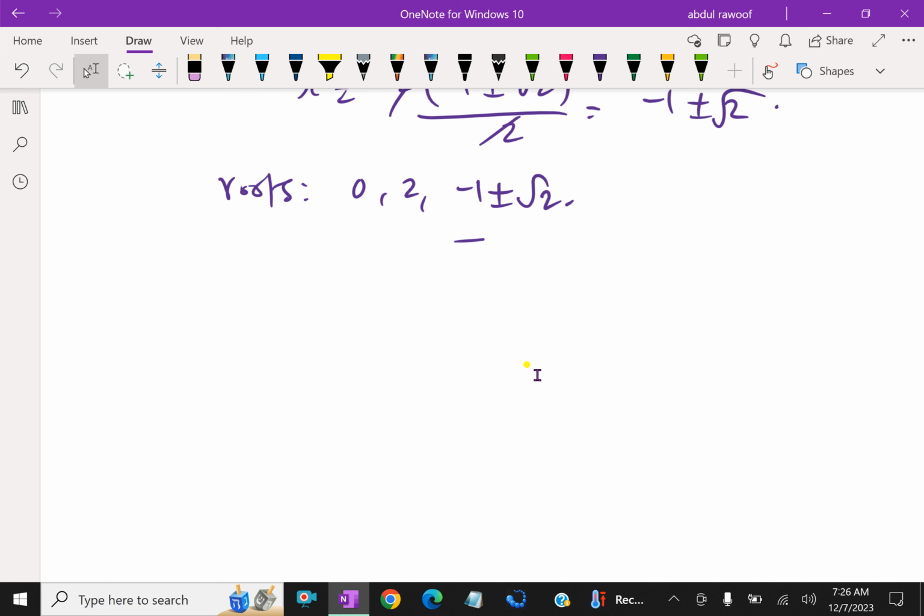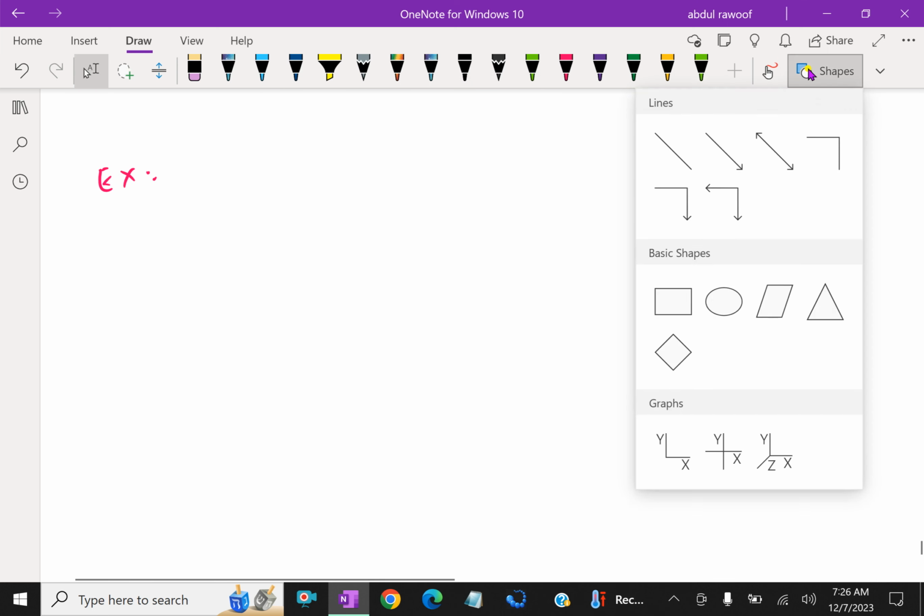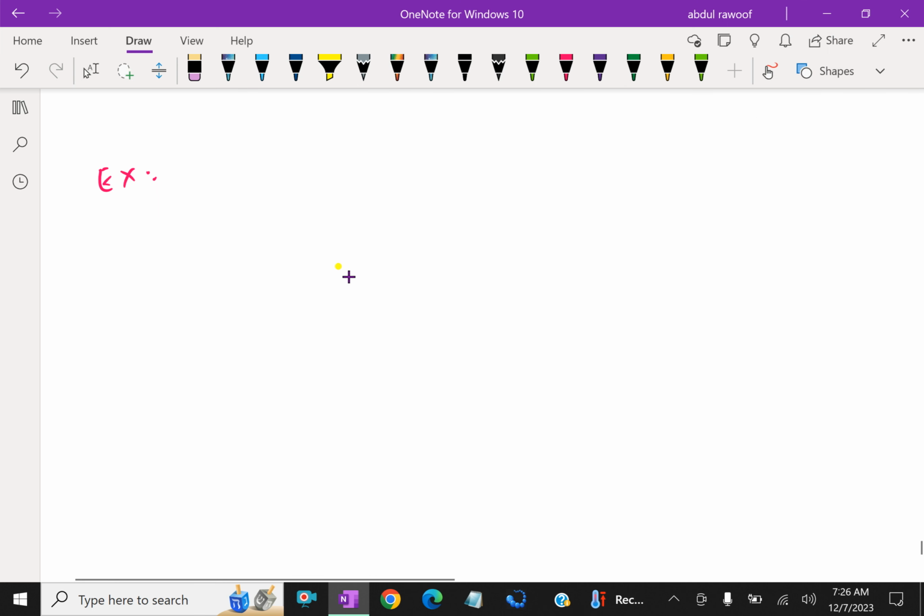Here, look at the next question. One figure is given, a sketch is given. Look at this example. Look at the sketch.